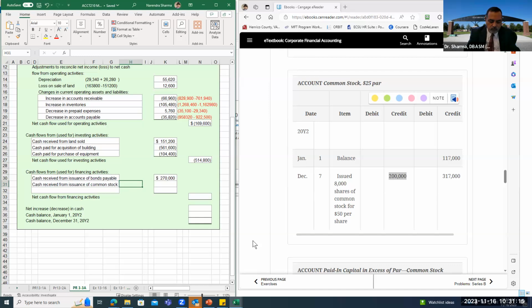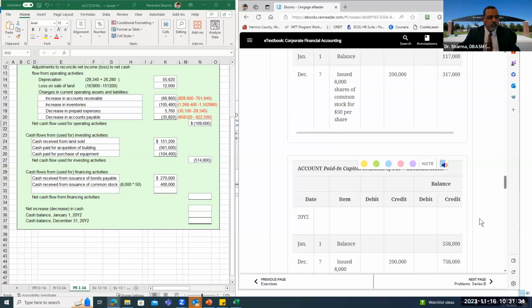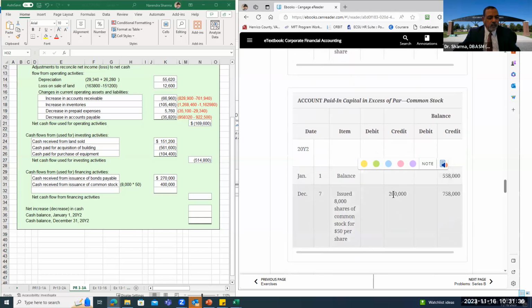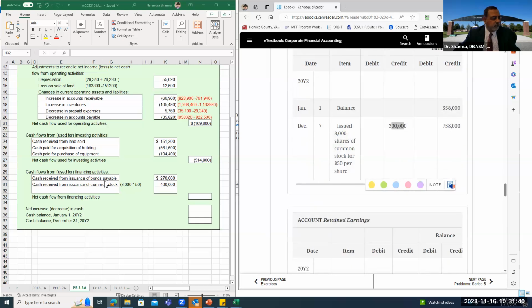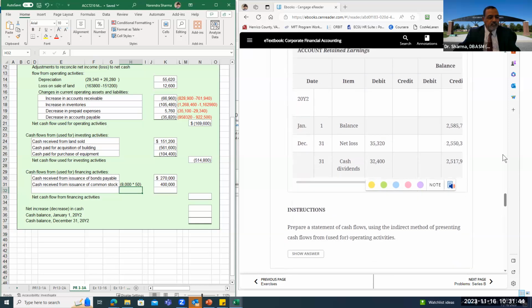Of course, we are also given that we issued 8,000 common stock at the rate of 50. So that is how we get that 400,000, or we are given directly in the accounts common stock increased by 200,000, common stock excess par value increased by 200,000. So that is 400,000.